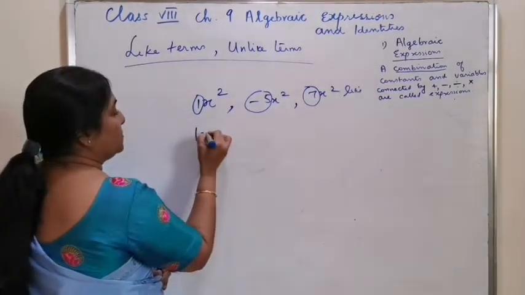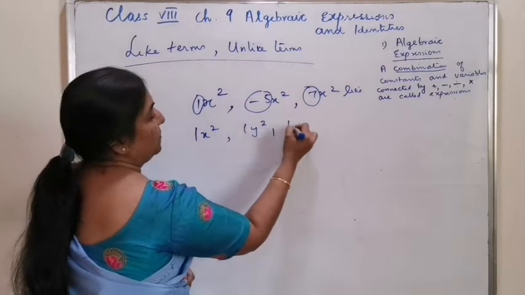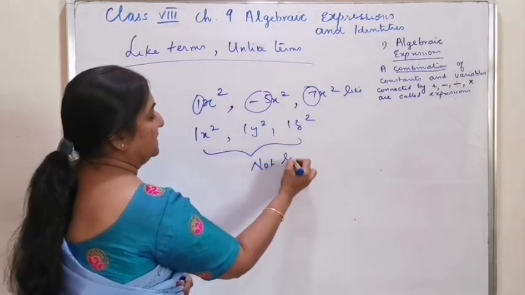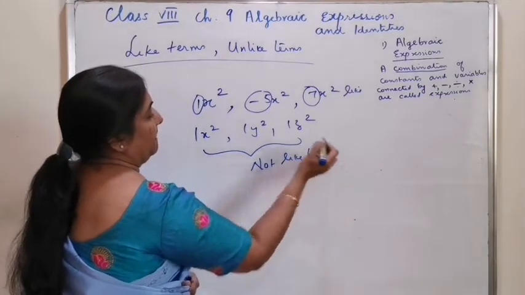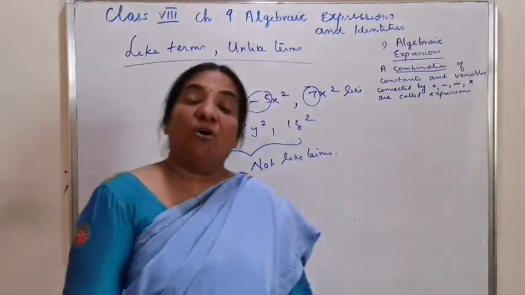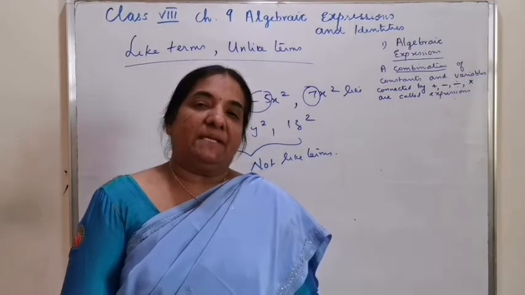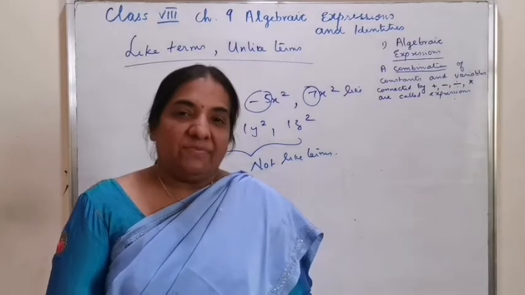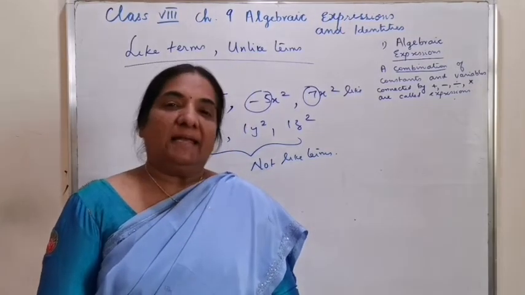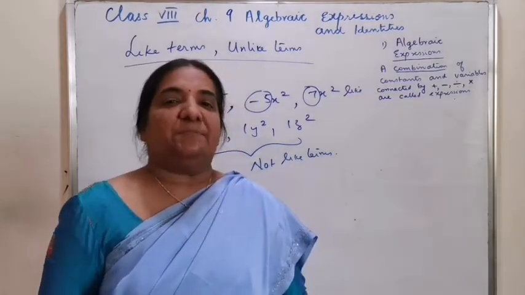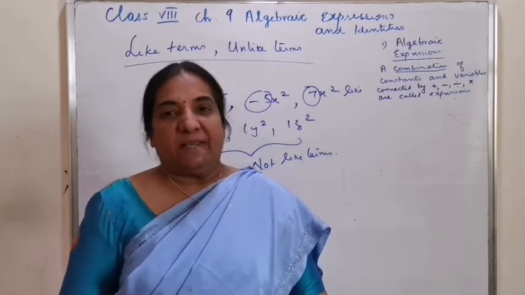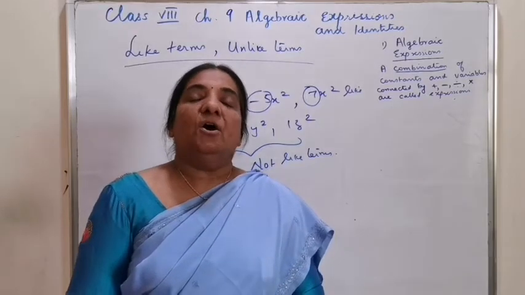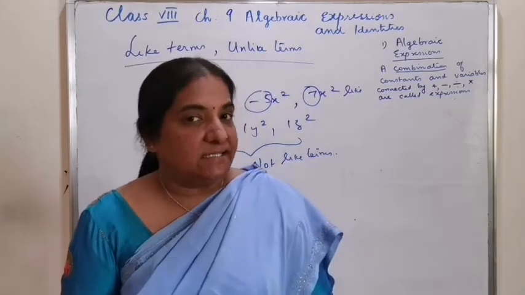Whereas if you write 1x square, 1y square, 1z square, they are not like terms. The like terms depend on the variables. That means if the power as well as the variables are the same, then only you can say they are like terms. Addition and subtraction of algebraic expressions can take place only when you add or subtract the like terms.